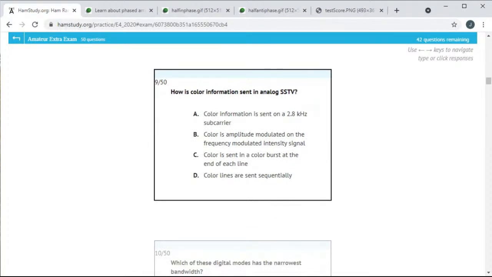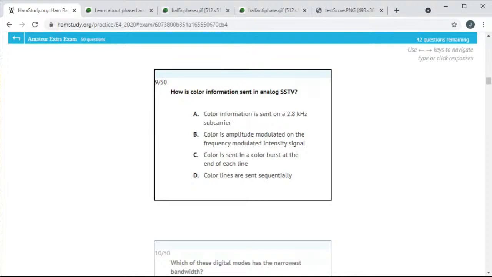How is the color information sent in an analog SSTV? A, color information is sent on a 2.8 kilohertz subcarrier. B, color is amplitude modulated on the frequency modulated intensity signal.